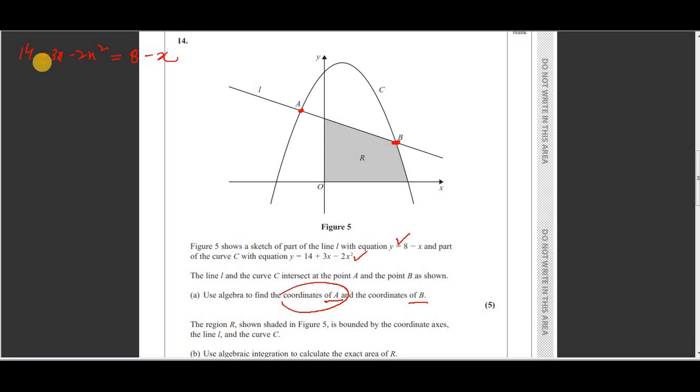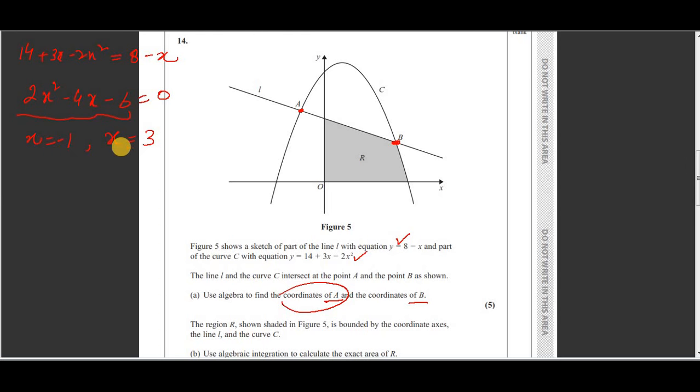If you send minus 2x squared on the other side and 3x goes on the other side, it becomes 2x squared minus 3x, so minus 4x, and 8 minus 14, which is minus 6, equal to 0. Clearly you can use either the quadratic formula or the factorization method to solve this equation. Then you have two values of x: one value of x is minus 1 and the other value of x is 3.